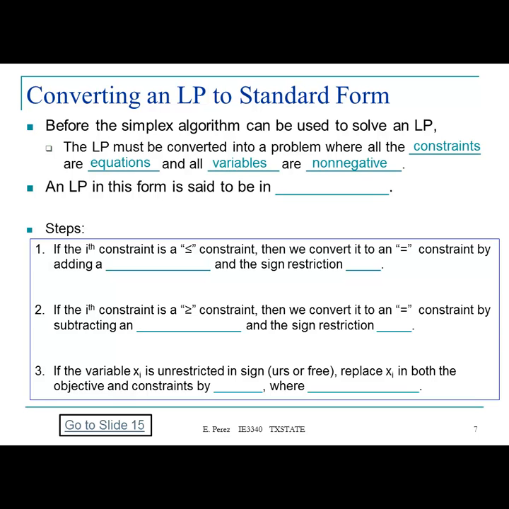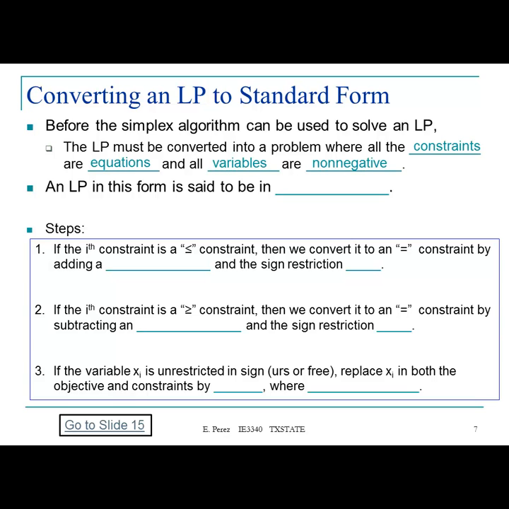You remember in our formulations we formulated the constraints using less than or equal or greater or equal signs. Now, in order to use the simplex algorithm, we need to make those less than or equal or greater or equal signs equations. So we want to make those signs equal signs.